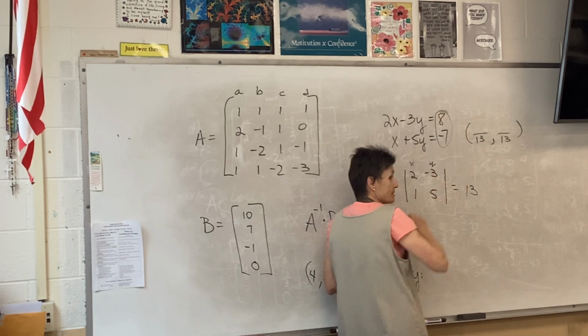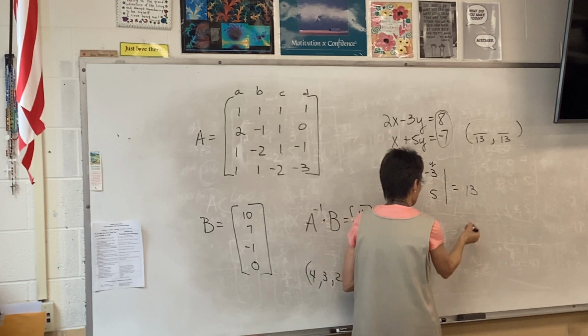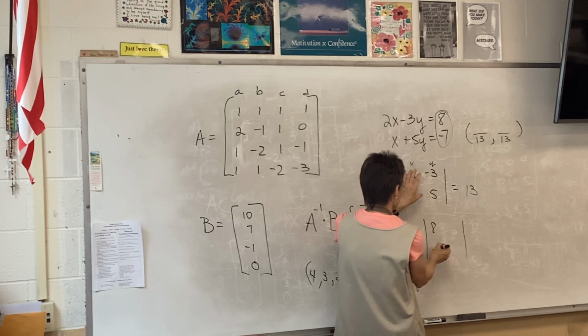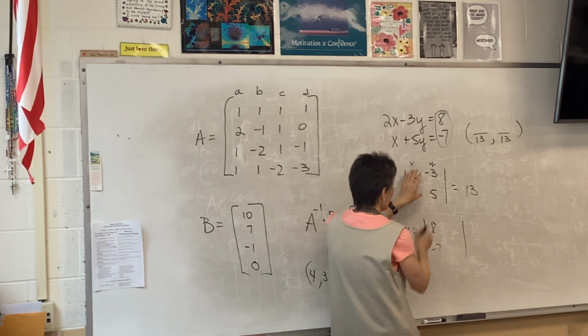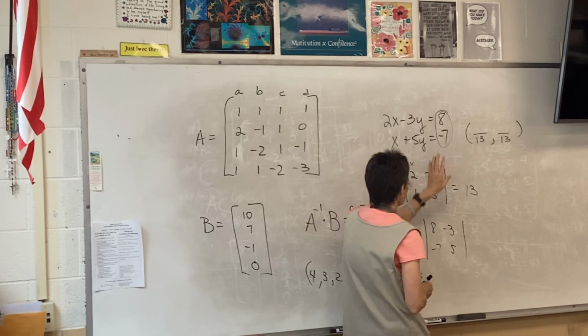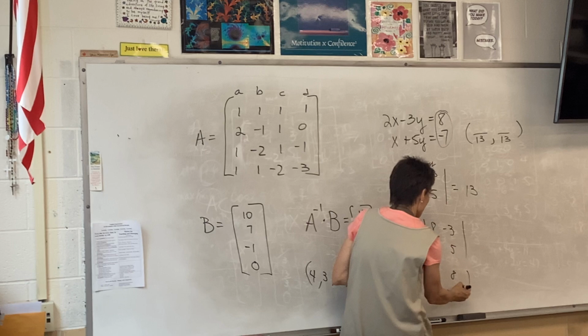Take these guys, copy and paste on whichever letter you're doing. So if you're doing x, you're going to copy and paste them on the x's. So you have 8, -7, and then -3, 5. If you're doing y, you're going to copy and paste here, so you have 2, 1, and 8, -7.